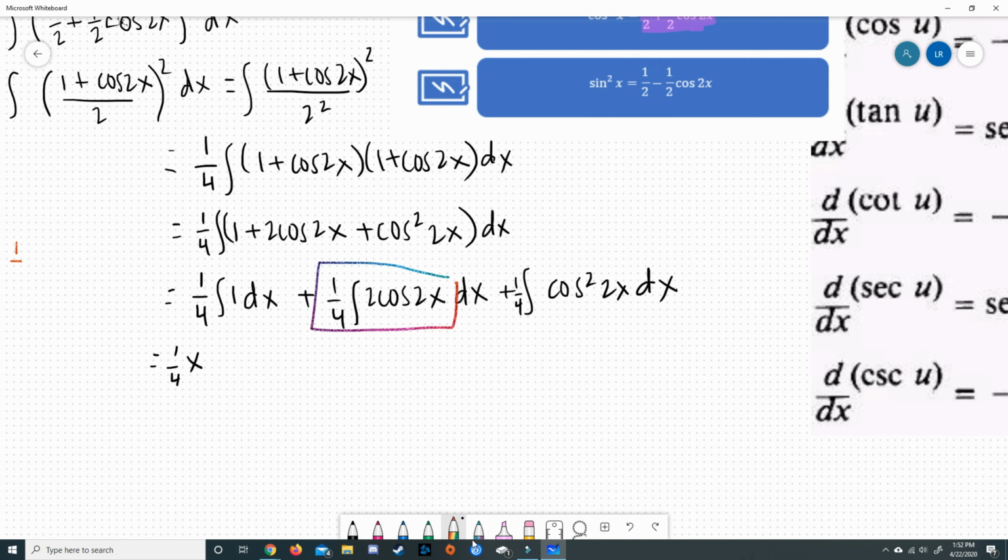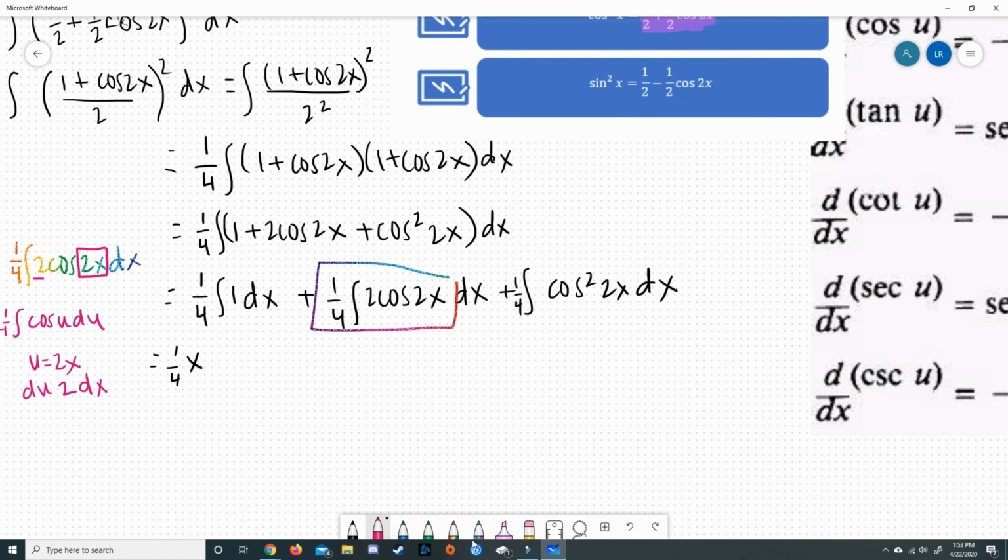So side note, 1/4 times 2 cosine of 2x. Well, we're going to make this our u. So in the end, we are going to want to integrate cosine of u du, but we have to make sure that we have our u and our du. So our u is 2x, which would make our du 2.